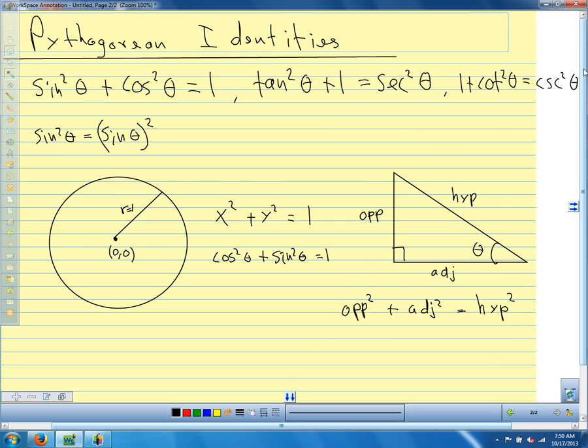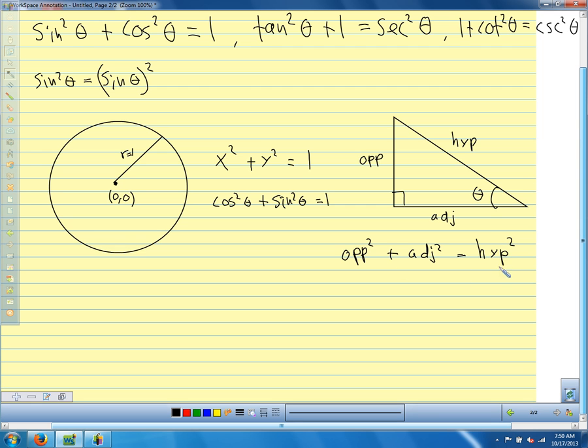Now what I'm going to do here is divide everything on both sides of this equation by the hypotenuse squared. Hypotenuse squared divided by hypotenuse squared is 1.